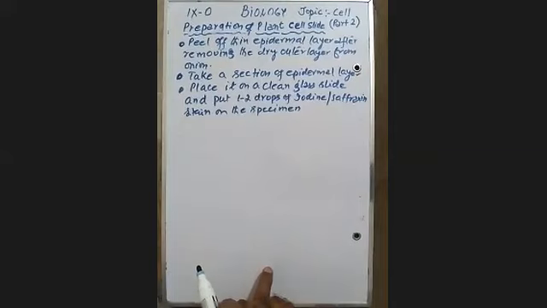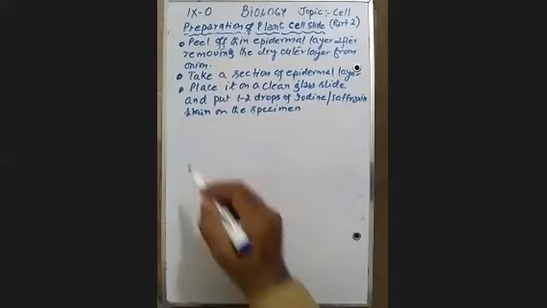Is it clear? We place that epidermal cells on a clean glass slide. After putting it, put 1 to 2 drops of iodine solution or safranin solution. Both are stains, and they are used for staining plant sections.